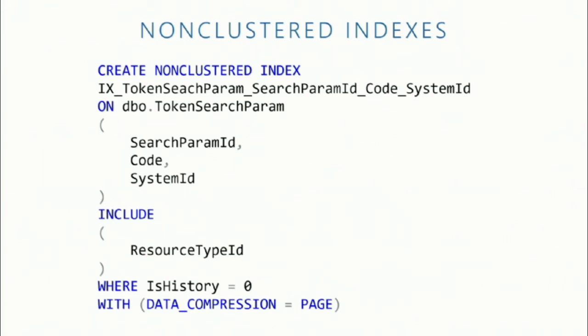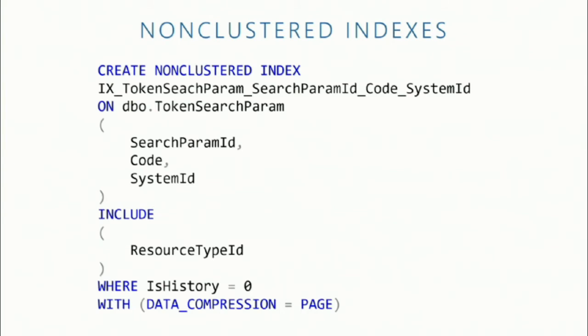But the key insight here is that this is a filtered non-clustered index. It only includes the most recent version of a resource. So we have these indexes across all of our search parameter tables, and they naturally contain only the resources that are most current for the search.